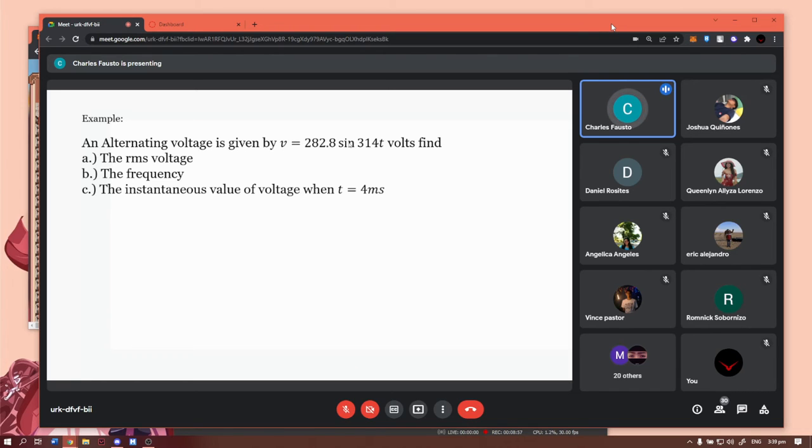So, an alternating voltage is given by v is equal to 282.8 sine 314 t volts. So, find A, the RMS voltage, and B, the frequency, and C, the instantaneous value of voltage when t is equivalent to 4 milliseconds.